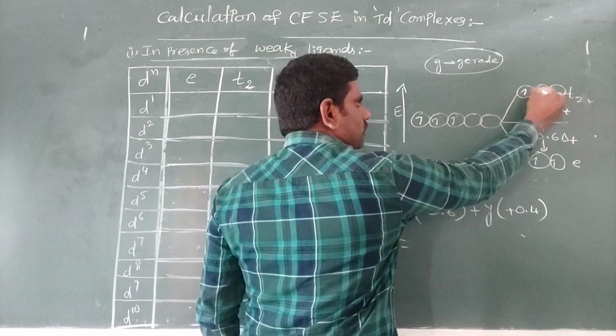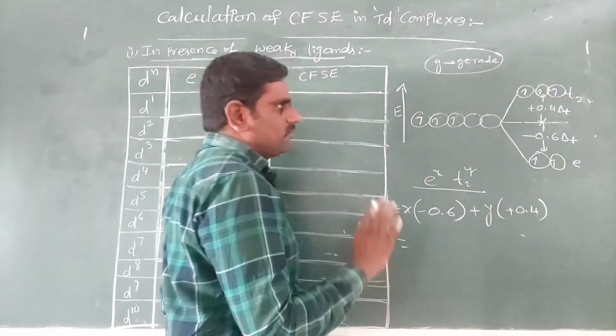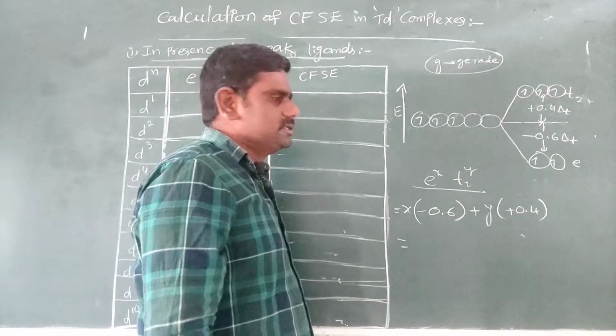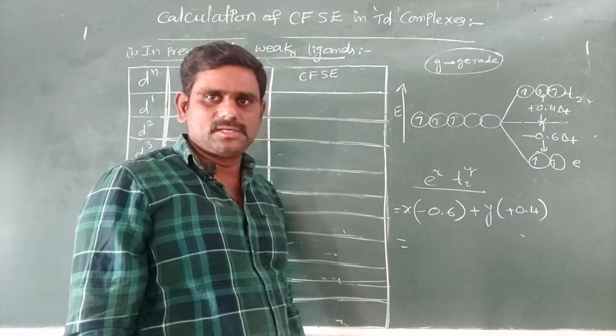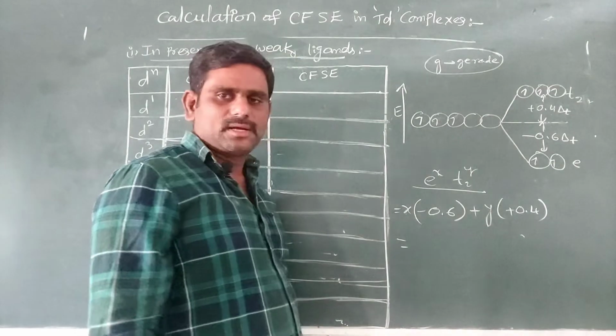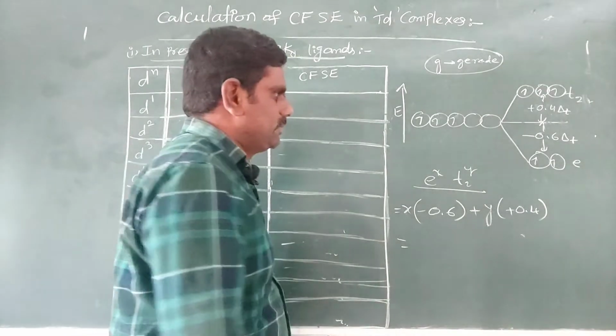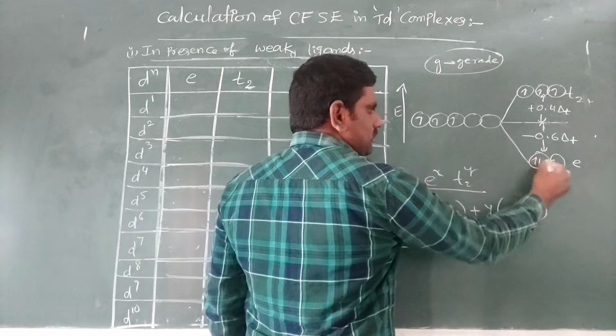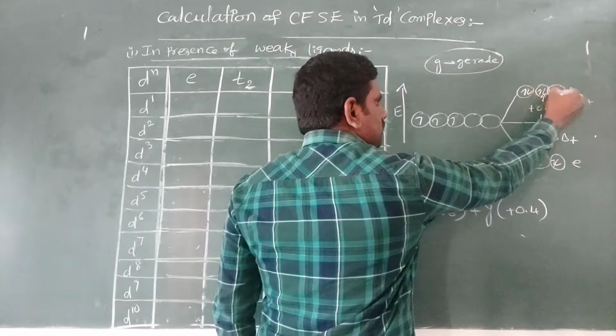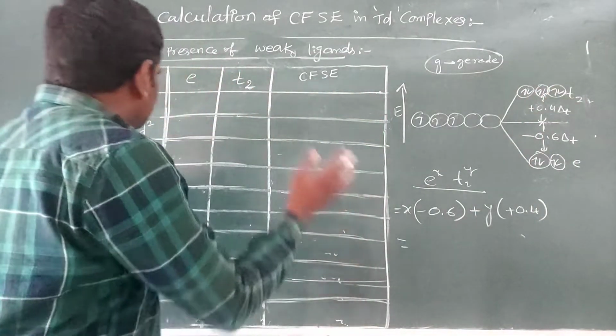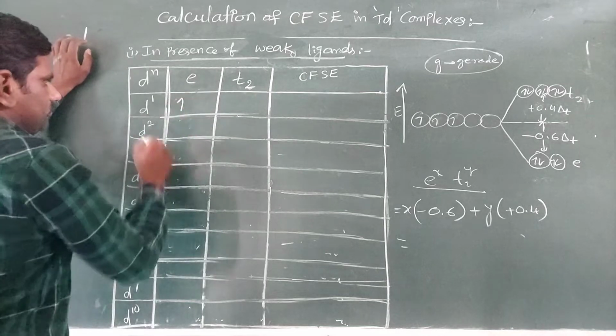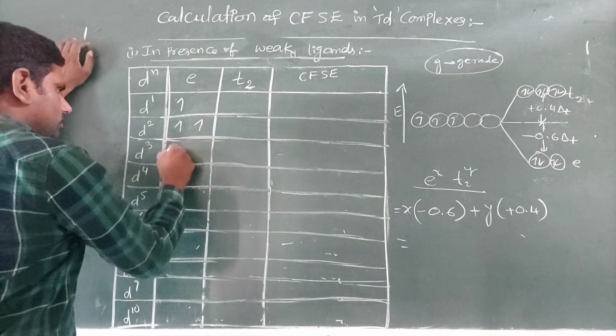And for D4, for D5, after filling of one electron each in the lower energy and higher energy orbitals, pairing of electrons takes place in the lower energy orbital like this. D6, 7, 8, 9, 10. I am writing the same thing here: 1, 2, 3.